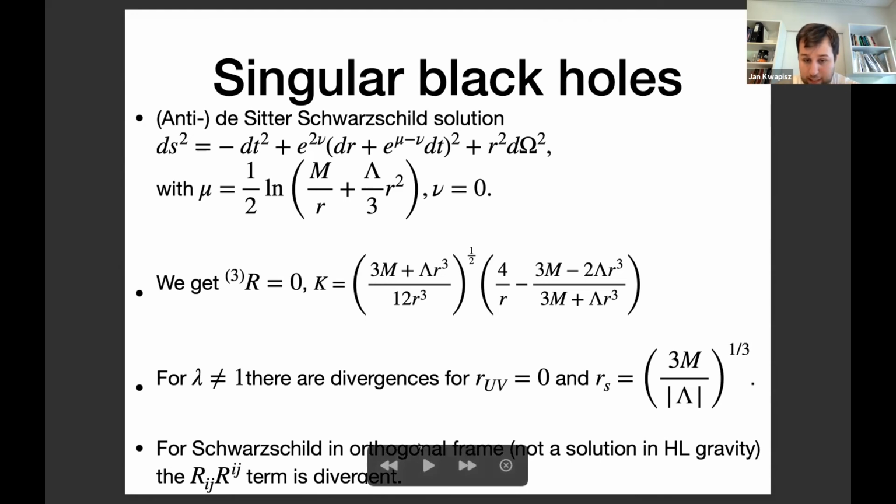So now one can repeat the same quite straightforward calculation, just calculate the invariants, and now one would get that this term is divergent. So there are two different Schwarzschild solutions in Horava-Lifshitz. Both will have infinite action.